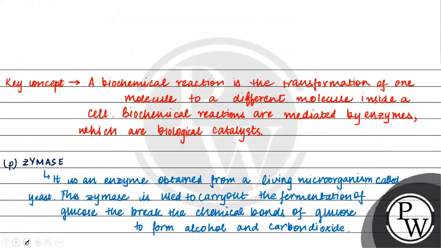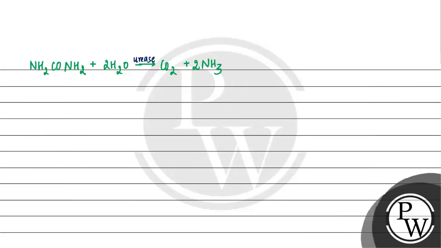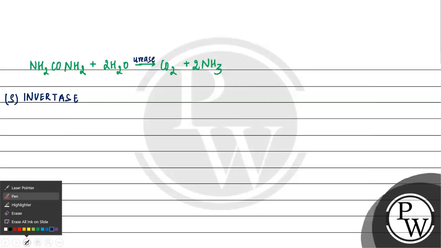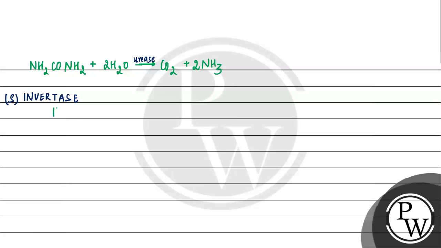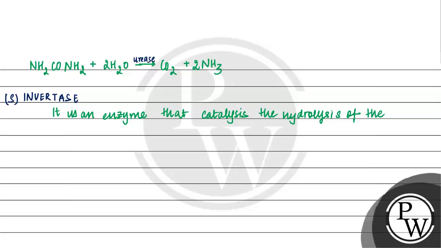Now let us talk about D option, या फिर we can say S. हमारा जो है S says invertase. अगर हम invertase की बात करें तो it is an enzyme that catalyzes the hydrolysis of the disaccharide sucrose into glucose and fructose.